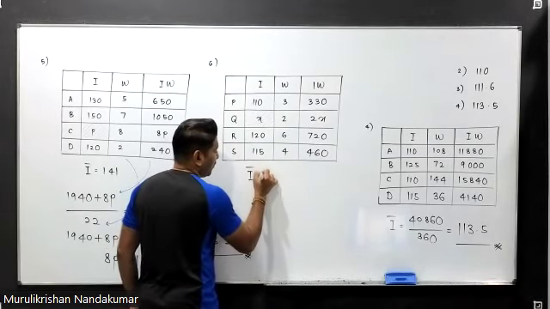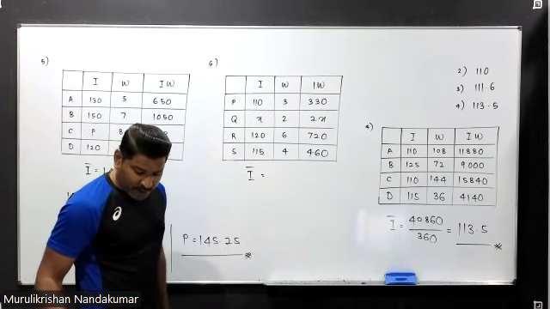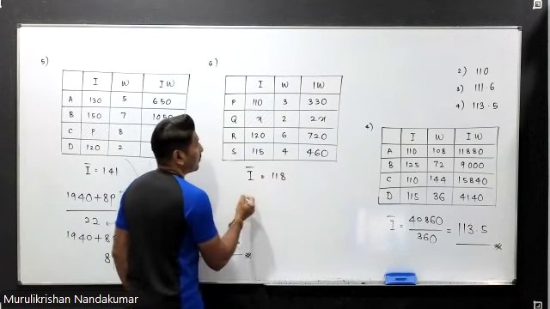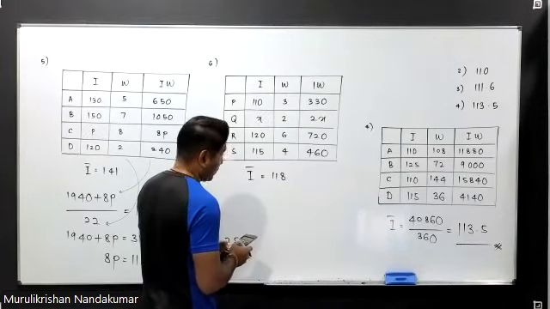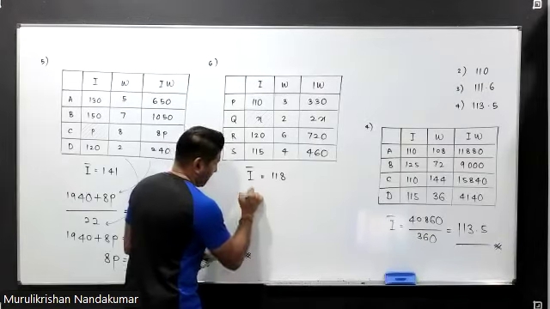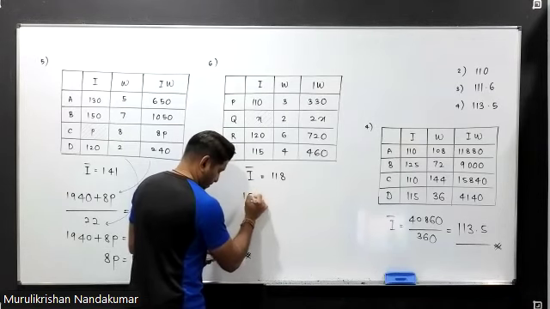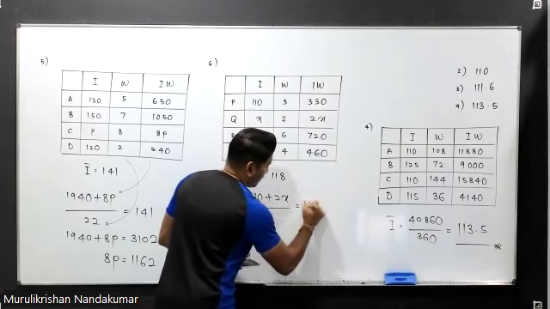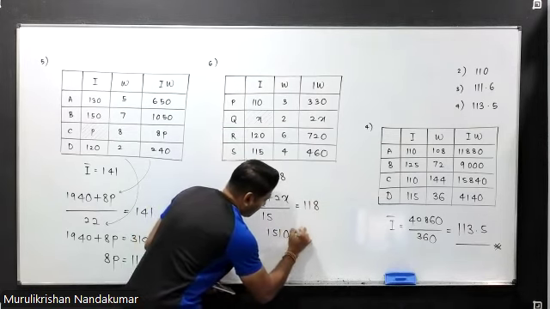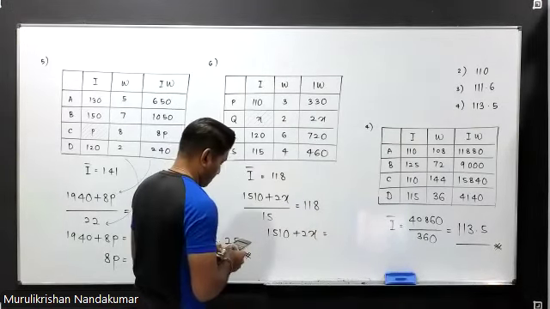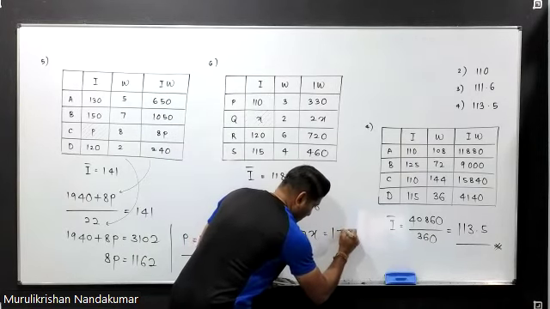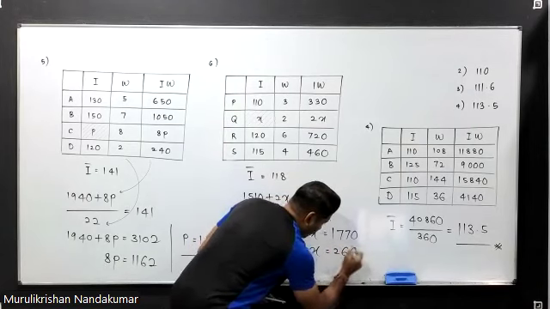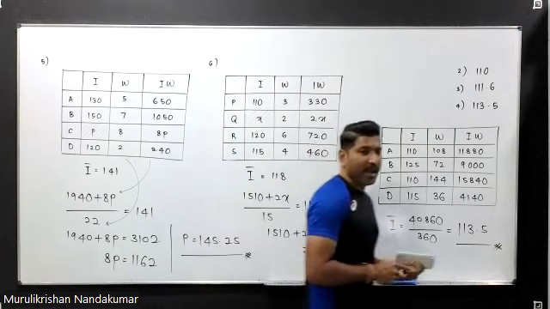So this one, the composite index given is how much? For question 6, the composite index given is 118. Hey guys, the x that I managed to get is 130.